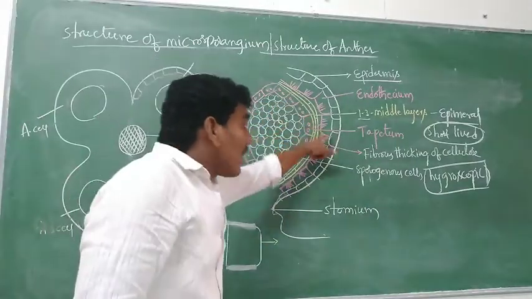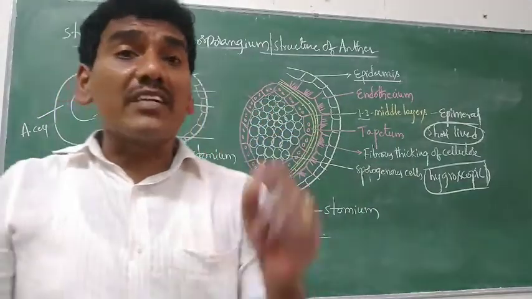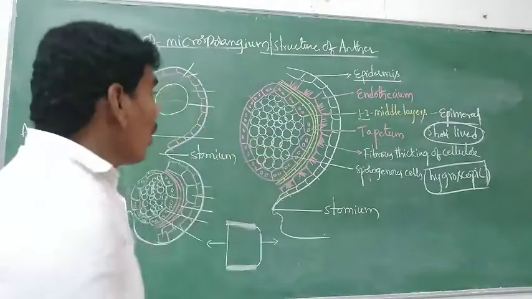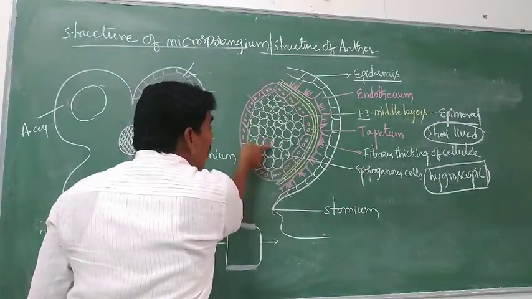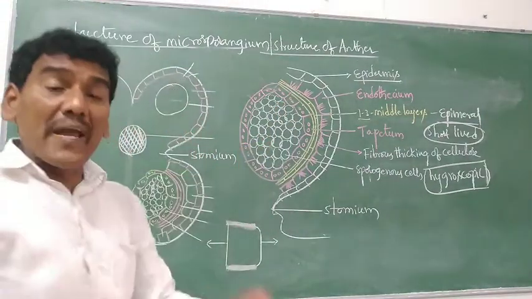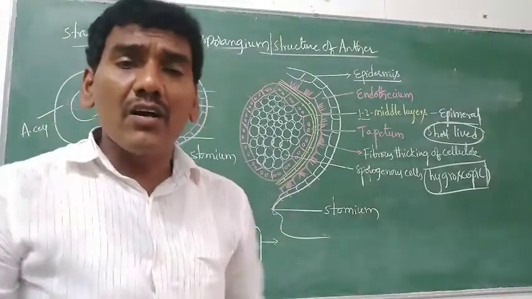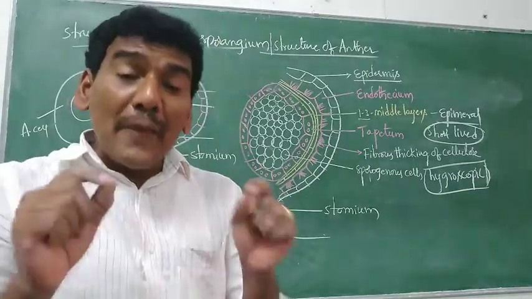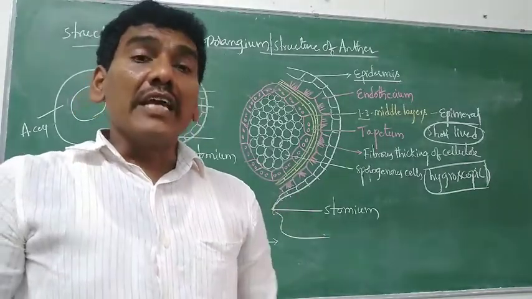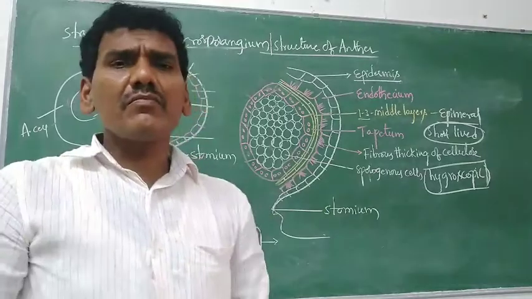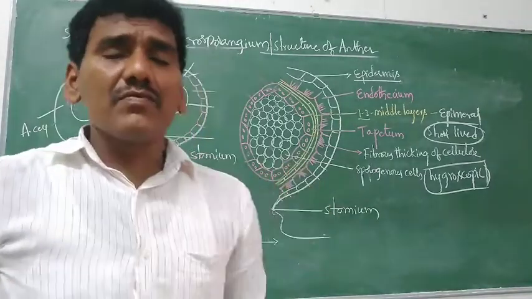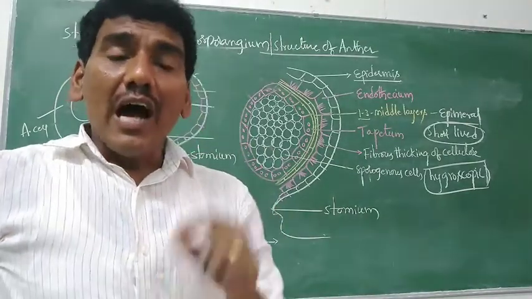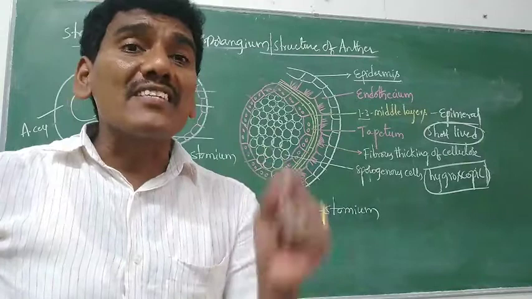Next one, the last layer of the anther is the tapetum. The innermost layer of the anther is the tapetum, which encircles the sporogenous tissue. Initially, the tapetal cells consist of dense cytoplasm, and one or two nuclei are present.